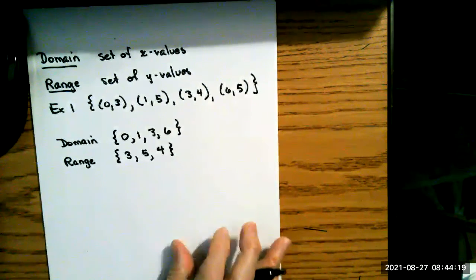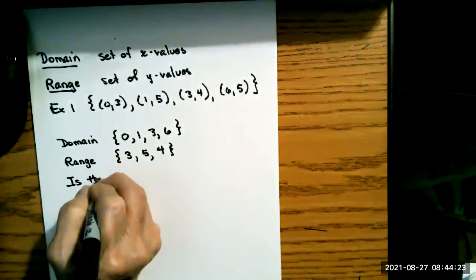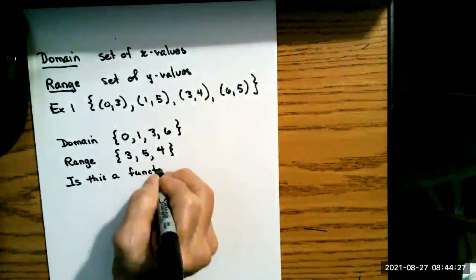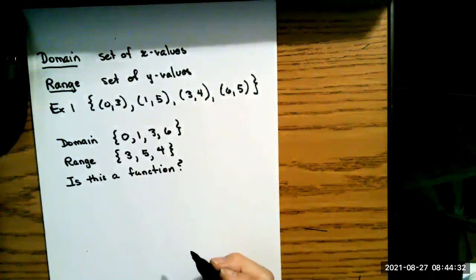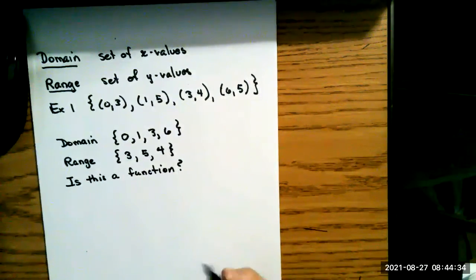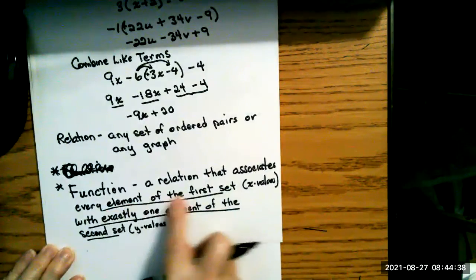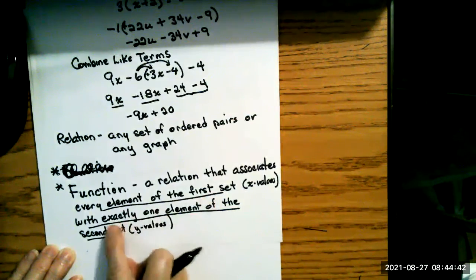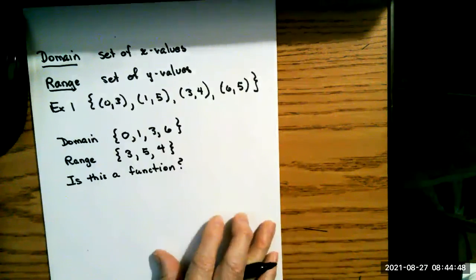The next thing they will want to know is, is this a function? Okay, well, if you look at your definition of function, then what it says is that a relation is a function that associates every element of the first set, which in our case will be the domain, with exactly one element of the second set, which is the y values or the range. So let's look.